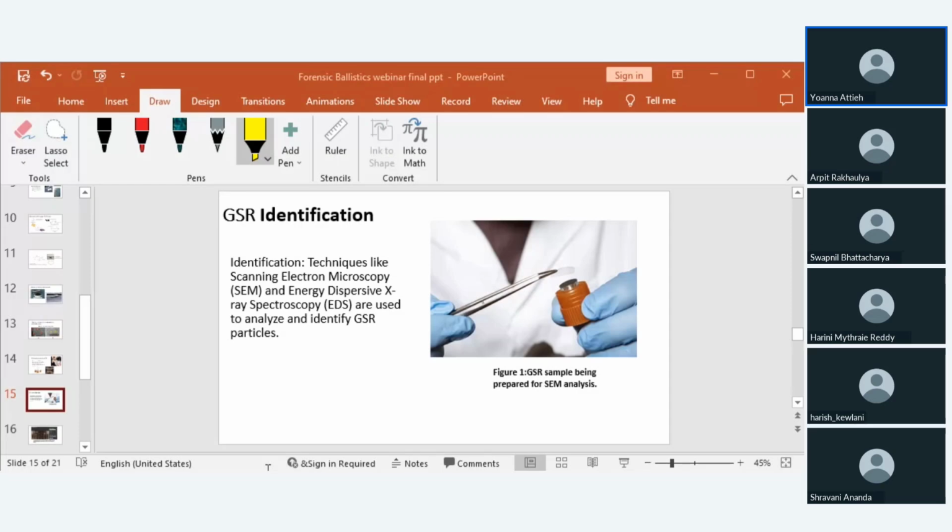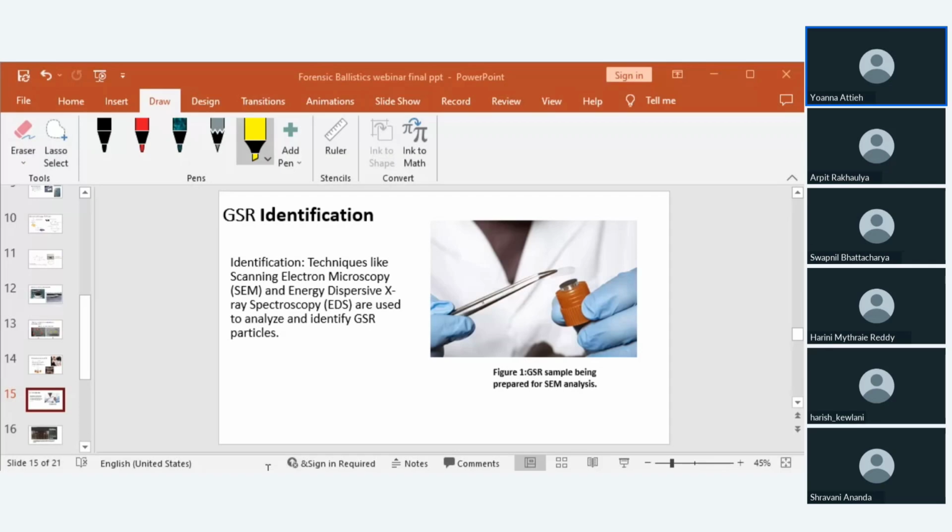So collecting samples for GSR analysis, as you can see in figure 1, is an essential step in the investigation process. Samples can be collected from a variety of surfaces, including clothing, parts of the human body, specifically the hands, automobiles, or the area surrounding the suspected firearm discharge.